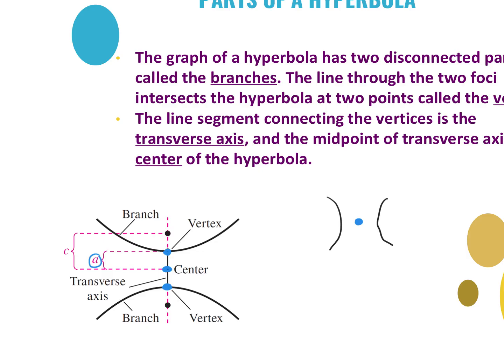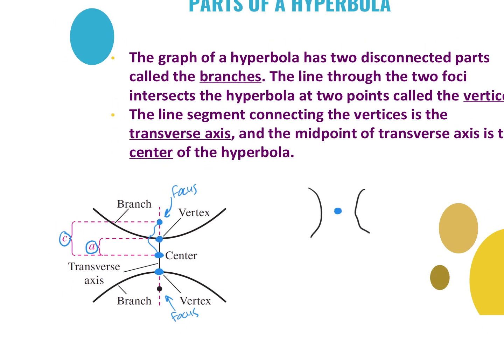And you also have the distance from the center to your foci. It's not really labeled in this one, but that is called the focus. That's another focus right there. The distance from the center to the focus is your C value, just like an ellipse. There is a B value not pictured here, but it does show up in the next slide.